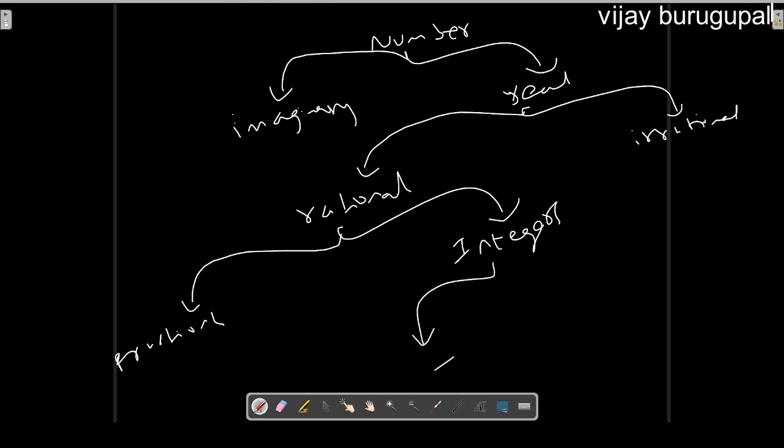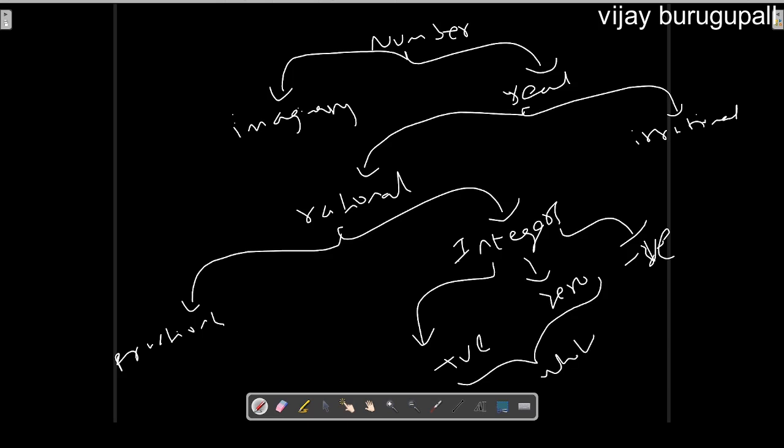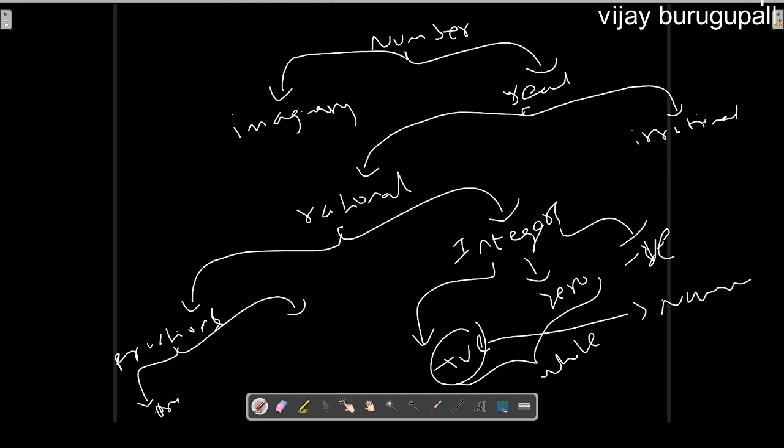Integers are classified into positive, negative, and zero. These are combinedly called whole numbers. These are called natural numbers. Fractions are again divided into proper, improper, and mixed fractions. So I think the hierarchy is clear to everyone.